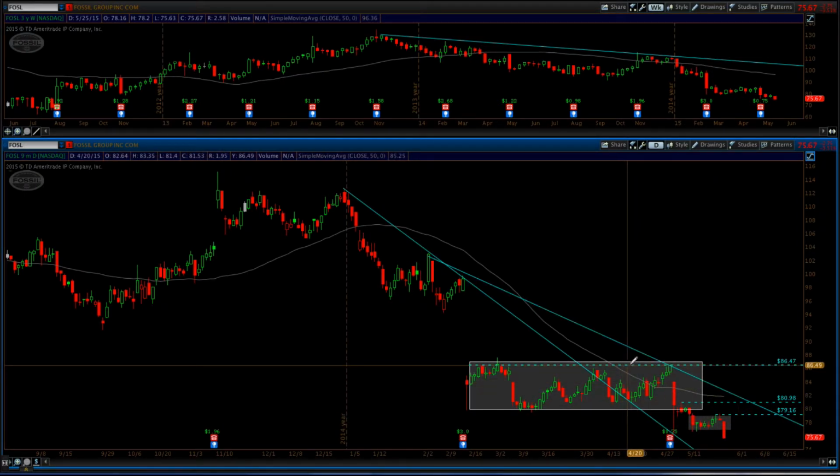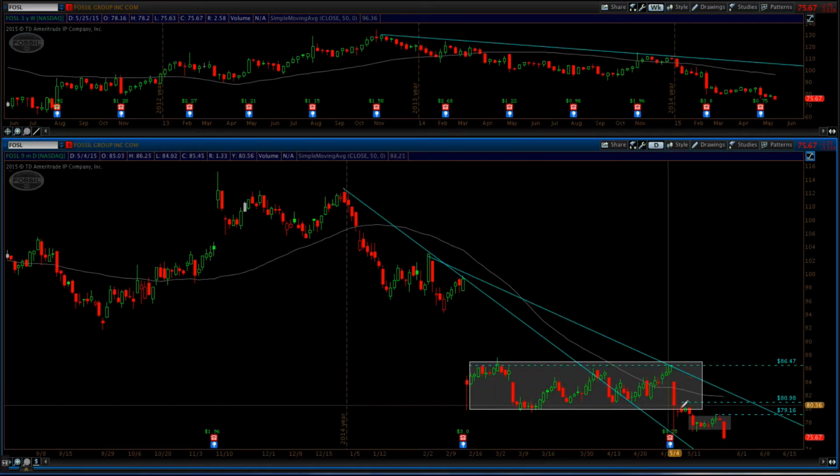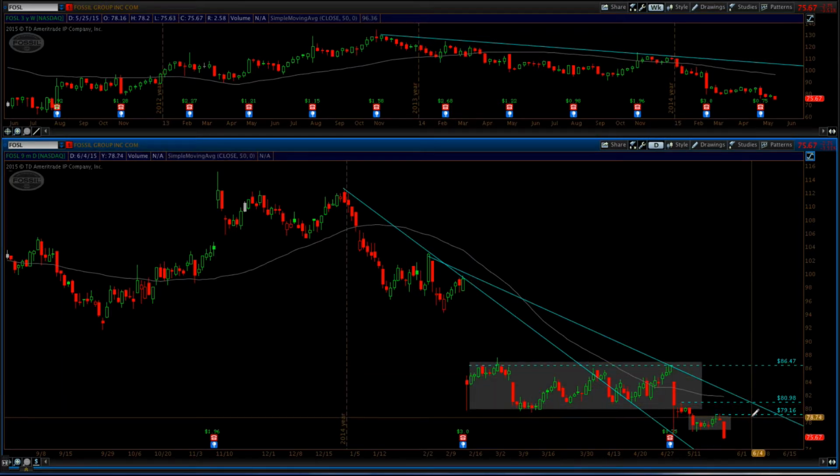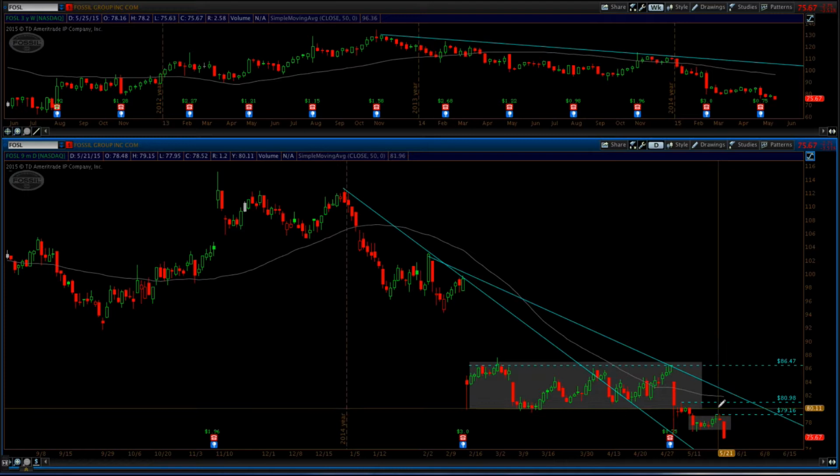I don't think for my style and for a lot of people's style that are looking to short, I don't think this 86.47 is really the one you want to be using. You want to probably be right around here, 81 or 79. And again, trading to the short side is an aggressive play.